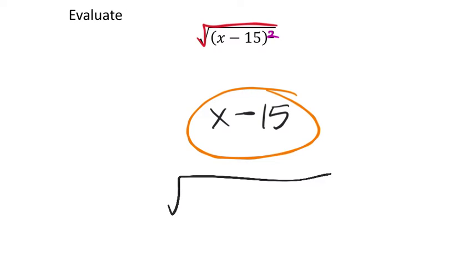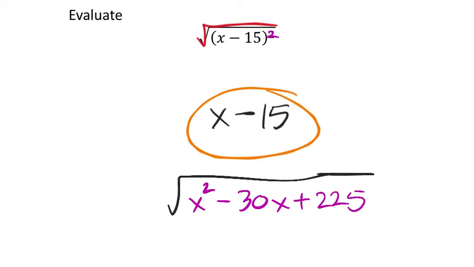Because what they end up doing, not that I saw in this assignment, but later on, just to make sure we remember that factoring is one of the things we've learned, they'll make this x squared minus 30x plus, I think this one's 225.